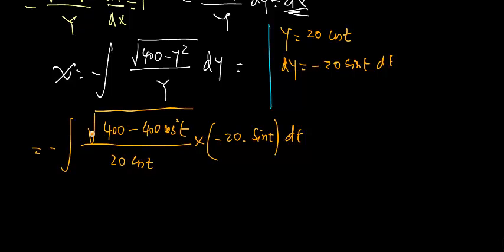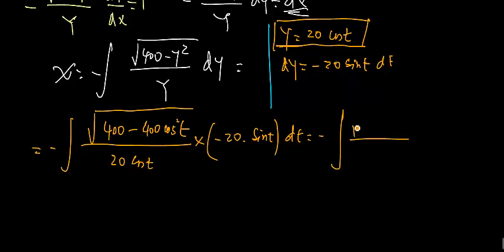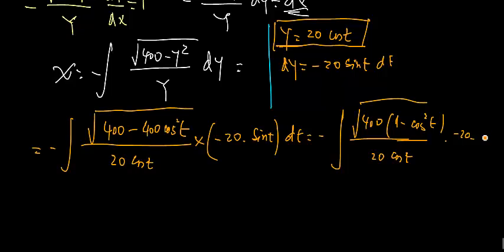And now you can see very easily, I think, why I did this change of variable, because now I can put 400 in evidence, and I will get minus the square root of 400 times 1 minus cosine squared of t, over 20 cosine of t, times minus 20 sine of t dt. That's okay.